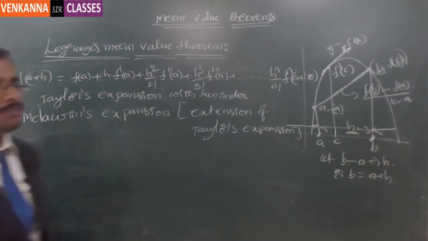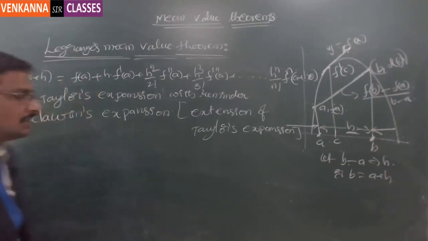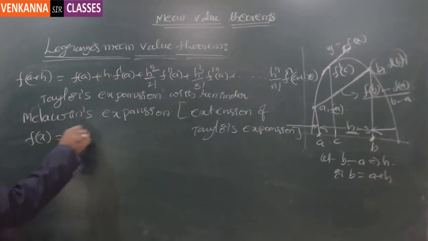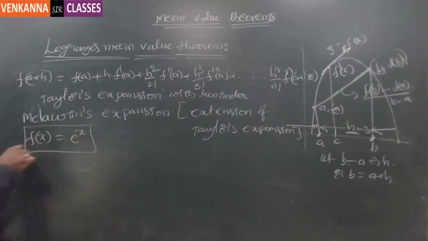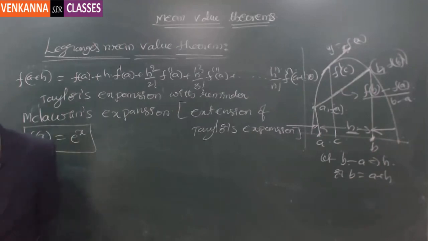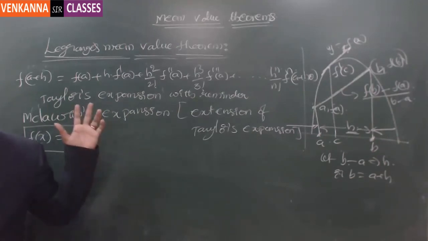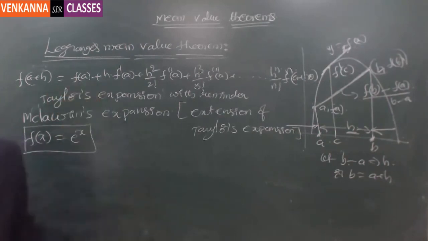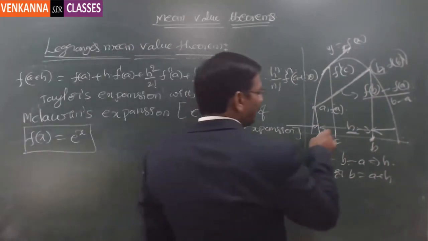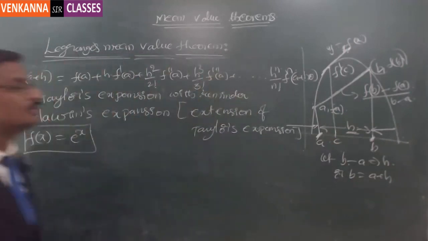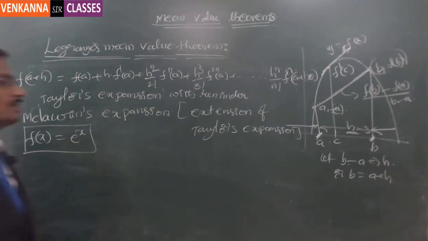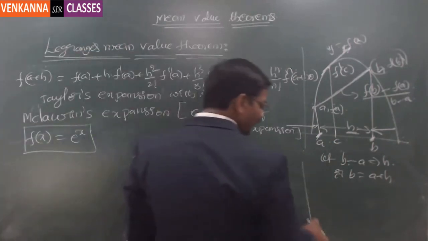Now, if I randomly give a function, suppose y is equal to f of x is equal to e power x, and I want to expand this e power x with the help of Taylor's expansion, that has to be from any point starting from point a. Now, the basic difference between Maclaurin's expansion and Taylor's expansion is that the function is expanded about the origin.